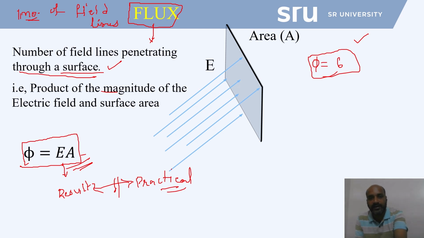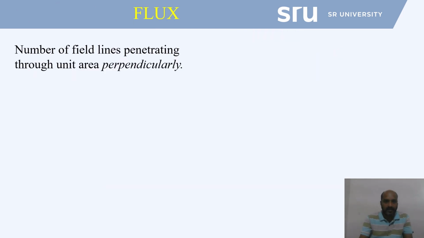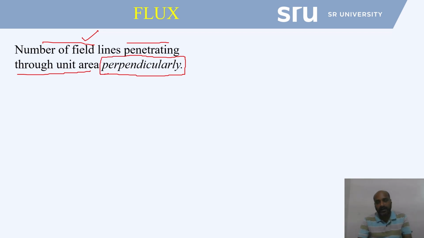The standard way to measure the flux is, of course, to measure the number of field lines, and they should pass through some area, but they should pass through that area perpendicularly. We need to consider the electric field lines which are passing through that area only perpendicularly.